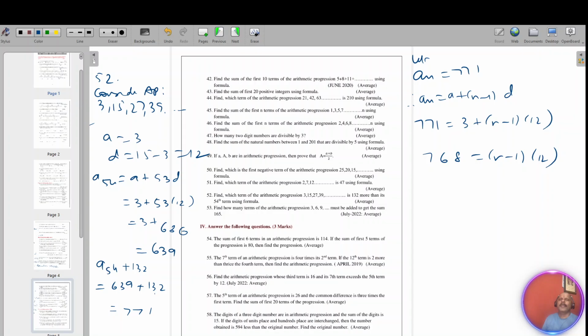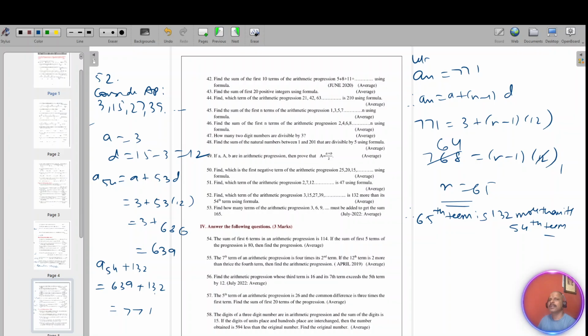Therefore, the 65th term in the given AP is 132 more than the 54th term, remember. Just conclude: therefore, the 65th term is 132 more than its 54th term. Important question, this should be asked in 3 marks, but they have given it in 2 marks.